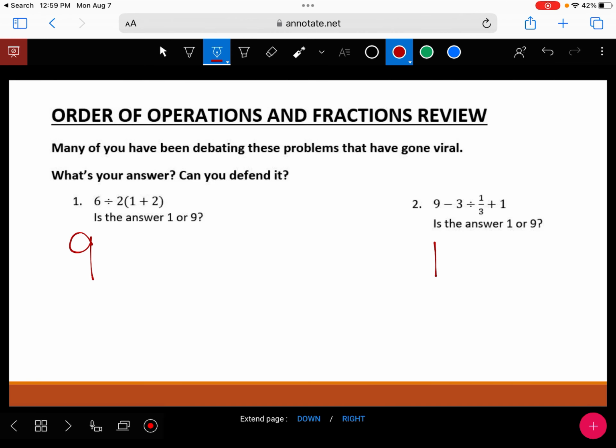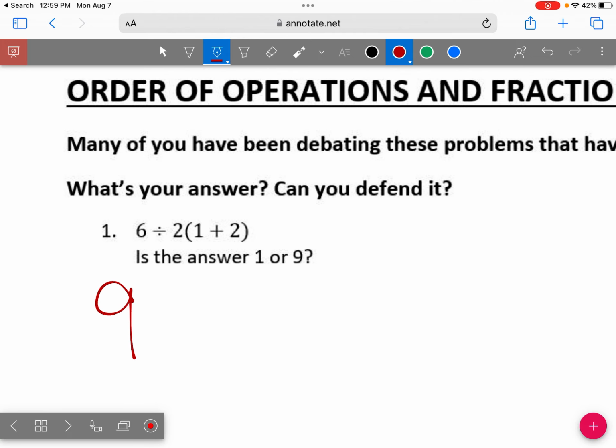So we would start off by doing our parentheses, which is 1 plus 2, and 1 plus 2 is 3. So that would be 6 divided by 2 times 3. The biggest mistake is you have to go left to right.